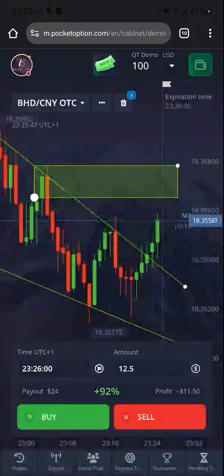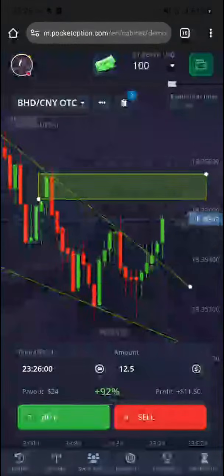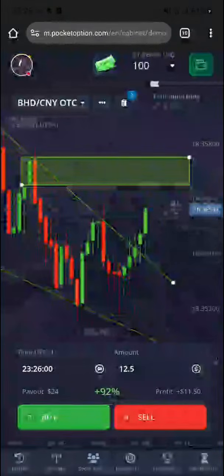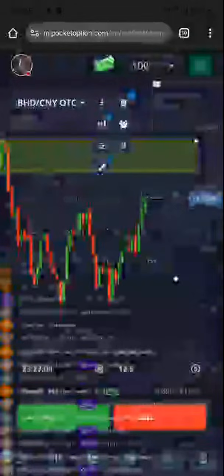Though this is a break of structure right now, and now we have a supply area up here. So price is coming to the supply. You understand? If price enters into supply now, we may have the sellers come into the market. Yeah, market goes up. We have a break of structure here, so the movement of the market is upward right now. But if price comes back into this entry, we may have the sellers reacting to the market. That reaction is what we want to trade actually.